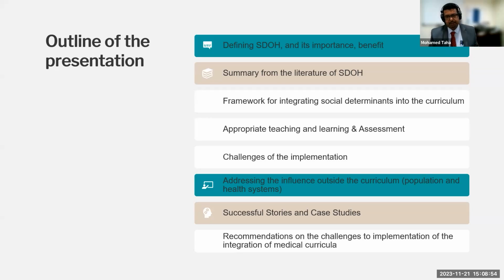What are the appropriate teaching, learning and assessment methods, and then what are the factors outside of the curriculums, from the population and health system, addressing the challenge. We have actually published case studies within this AMEE Guide. I'd like to go together through 4 case studies from this guide, and then we'll also discuss recommendations of change.